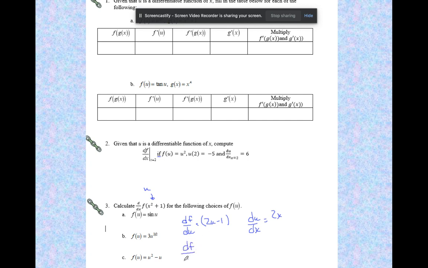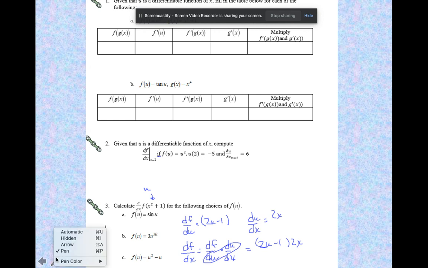So the derivative of f with respect to x is the product of those, so that's 2u minus 1 times 2x.